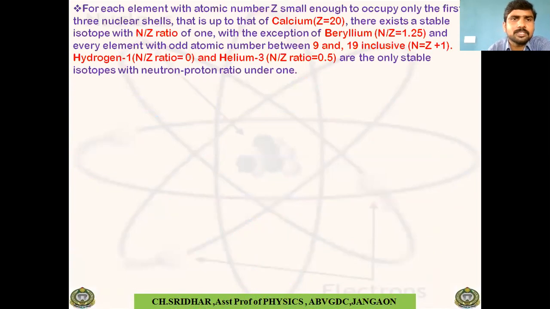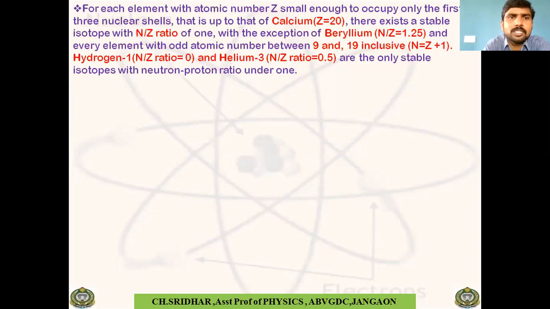And the observations from the neutron to proton ratio: for each element with atomic number Z small enough to occupy only the first 3 nuclear shells, that is up to calcium, Z equals 20, there exists a stable isotope with N by Z ratio equal to 1, with the exception of beryllium, which has a neutron to proton ratio of 1.25, and every element with odd atomic number between 9 and 19 inclusive has N equal to Z plus 1.